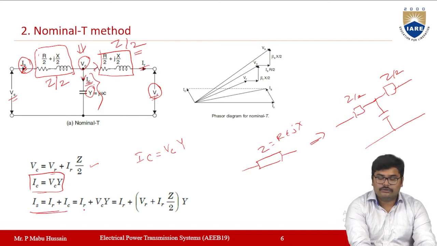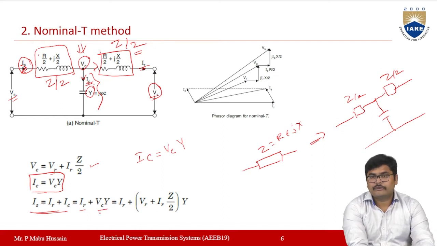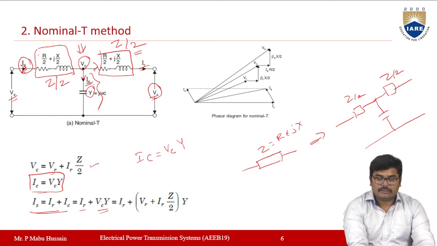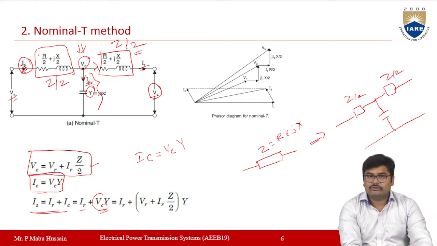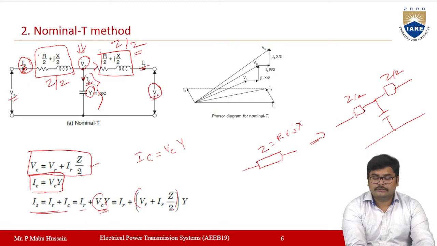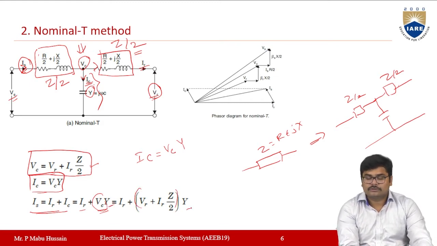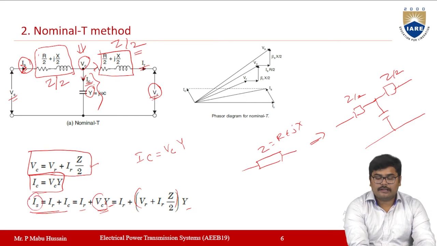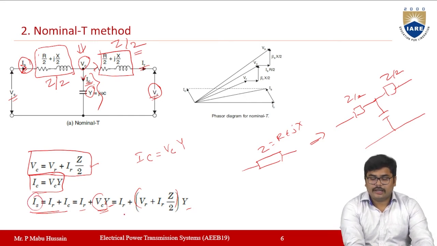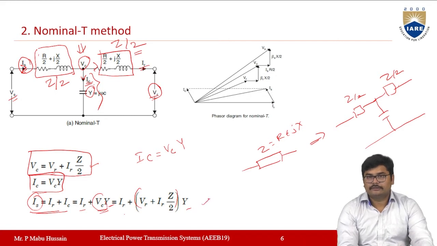So which is equal to IR plus, in place of IC, you can write VC into Y. And what is the value of VC? VC is equal to VR plus IR into Z by 2. So sending end current IS is equal to IR plus VR plus IR Z by 2 into Y.